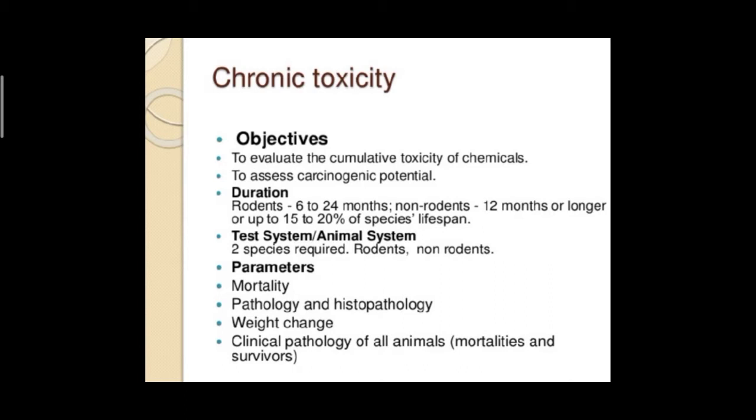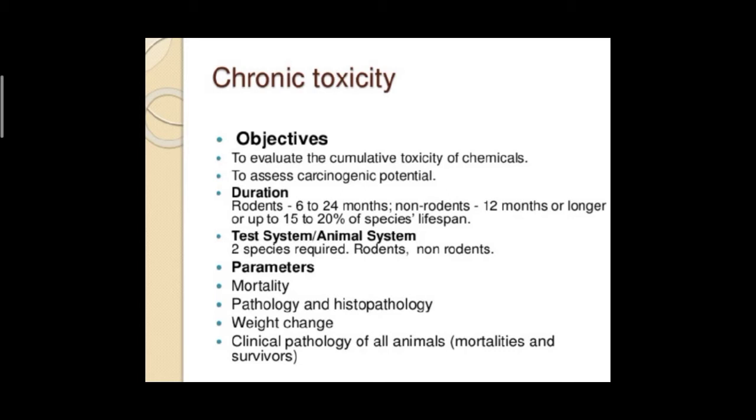Is it causing complications to the body, or are the animals well and healthy, and what about the behavior? At the end of the study, they check the histopathological changes to find whether cell damage or necrosis happens or not. We have to check every organ.